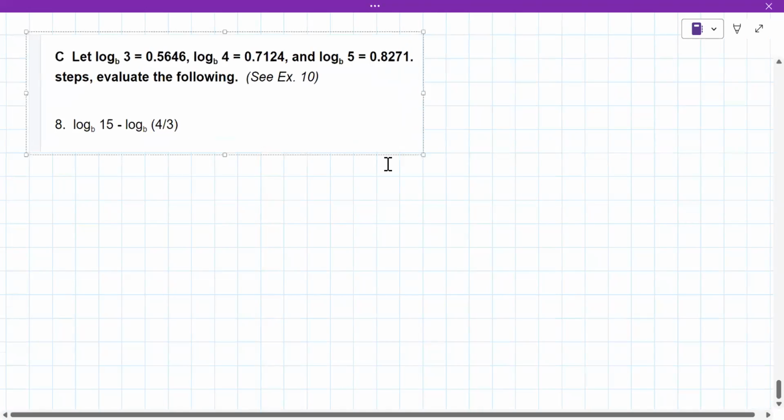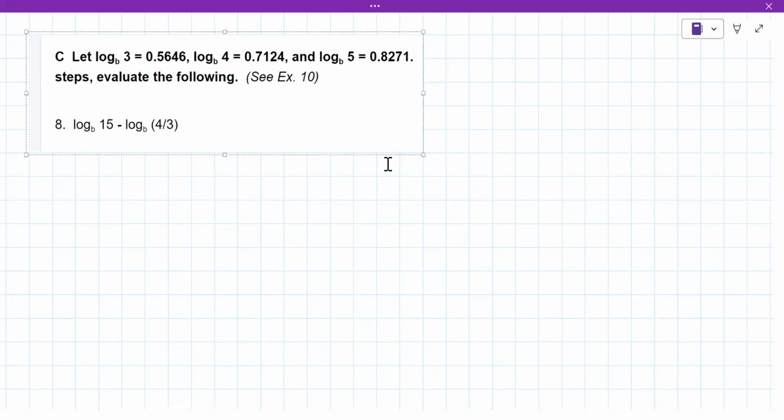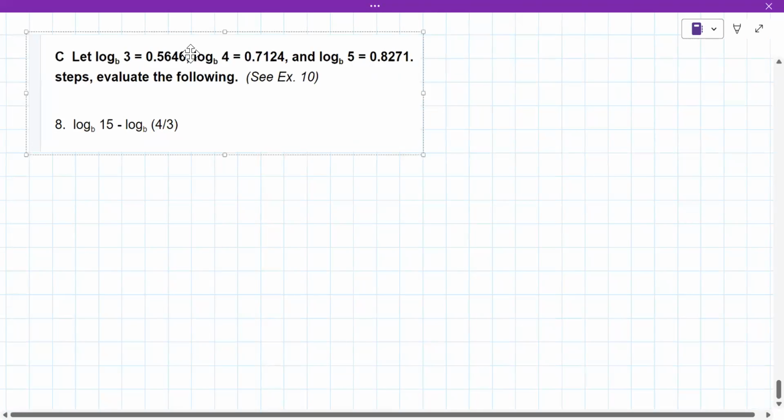Doing a great job today. So unfortunately, you cannot just go to the calculator for this one. They want you to use these values in the problem. Why do I have to use these values? Well, because there's no way to do it otherwise.